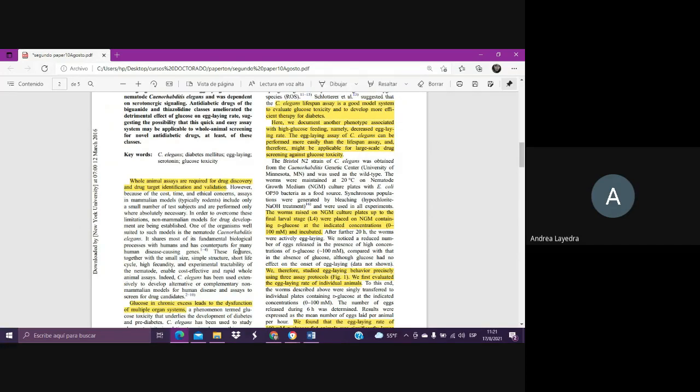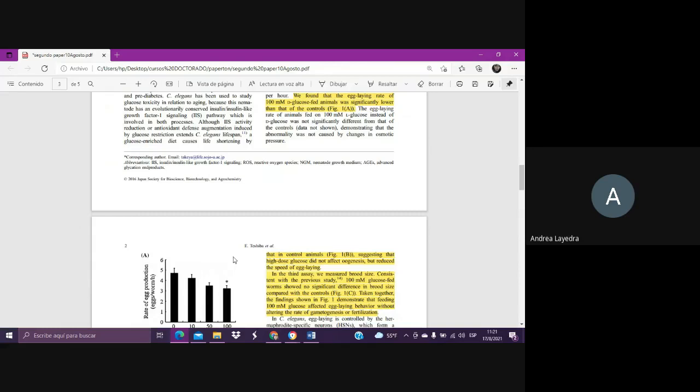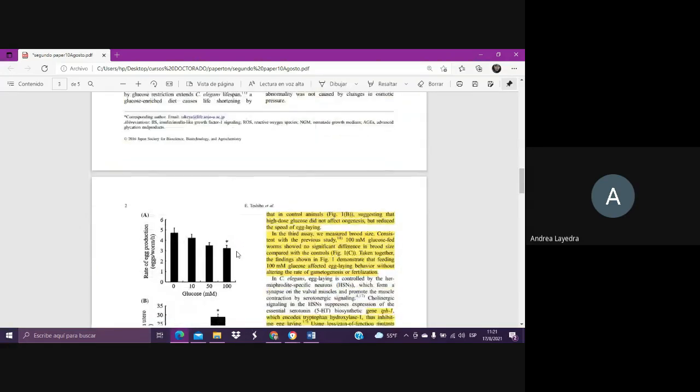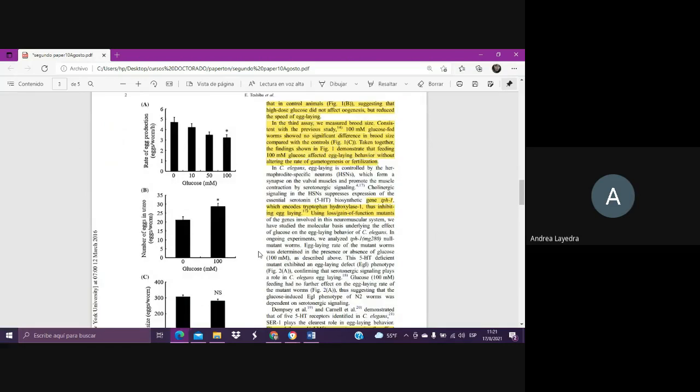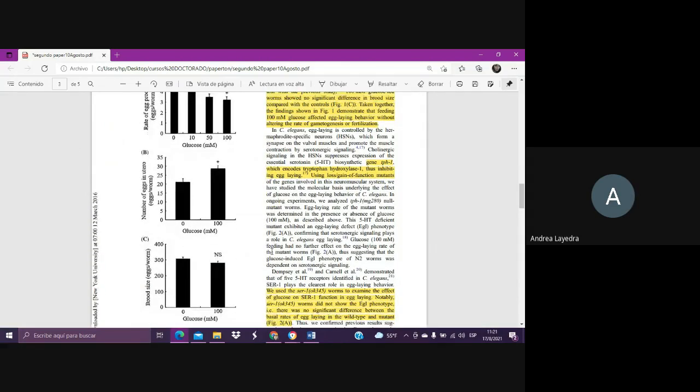Here, they document another phenotype associated with high glucose feeding, a decreased egg-laying rate that can be assessed more easily than the lifespan assay, and therefore might be applicable for large-scale drug screening against glucose toxicity.